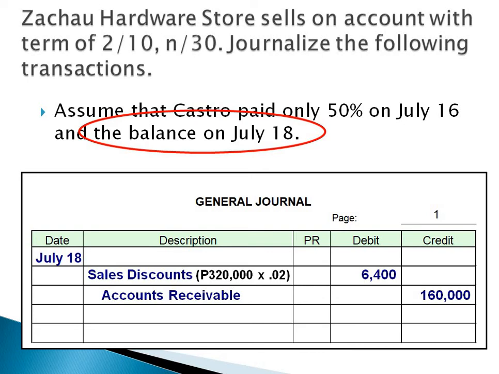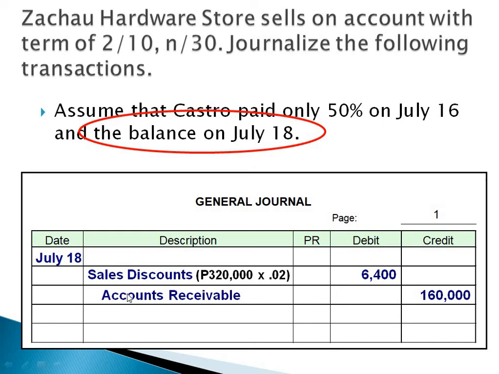Will Castro be entitled to any discount? What do you think is the answer? Of course not. Even for its partial payment within the discount period on July 16, it is not entitled to a discount because it failed to complete full payment within the discount period.